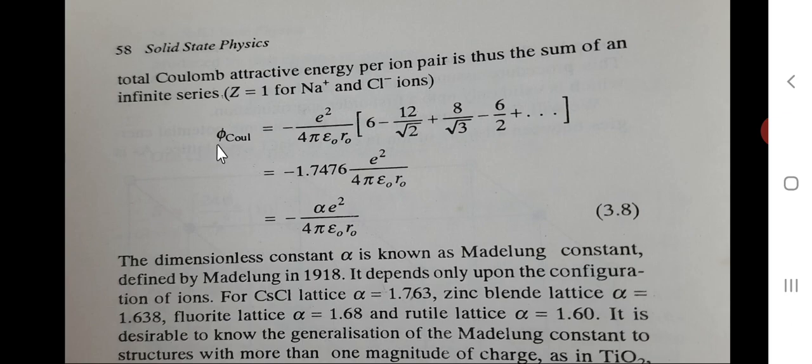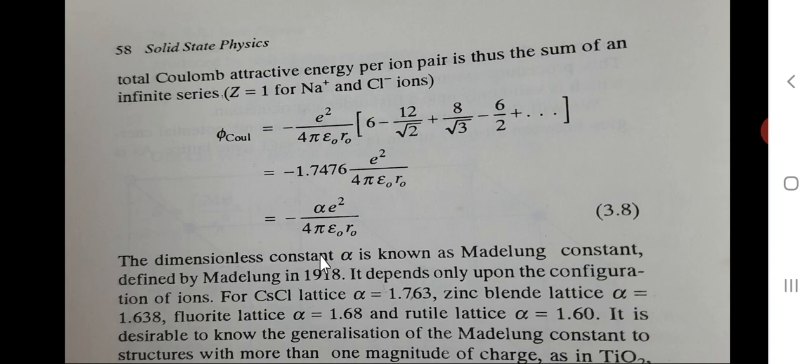Therefore, this Coulomb energy phi is equal to minus of e square upon 4 pi epsilon naught R0 times the bracket 6 minus 12 upon root 2 plus 8 upon root 3 minus 6 upon 2 plus and so on, which is equal to minus of 1.7476 e square upon 4 pi epsilon naught R0, which is equal to minus of alpha e square upon 4 pi epsilon naught R0.